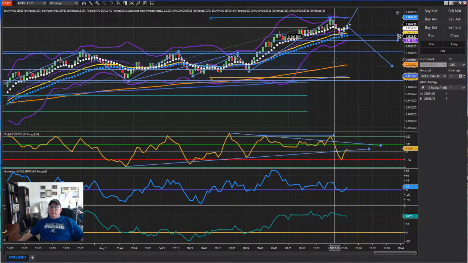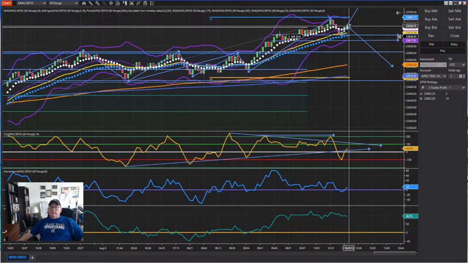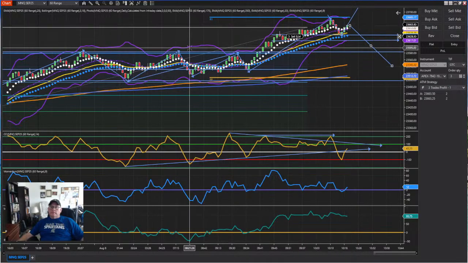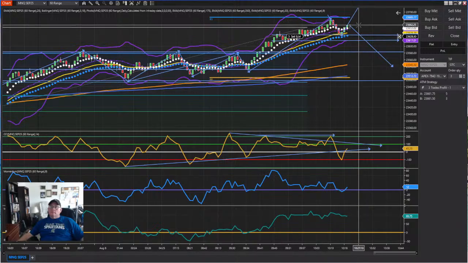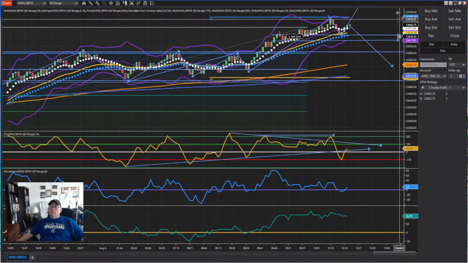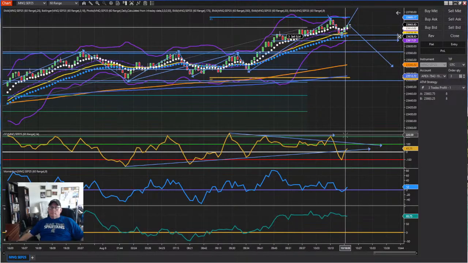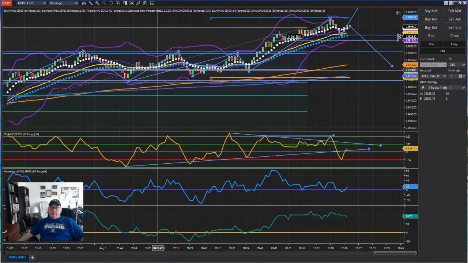Let's call it what it is. Spade a spade, right? Remember, this line right here is the 50% retracement. Could move into here, and it could move into here. We shall see.